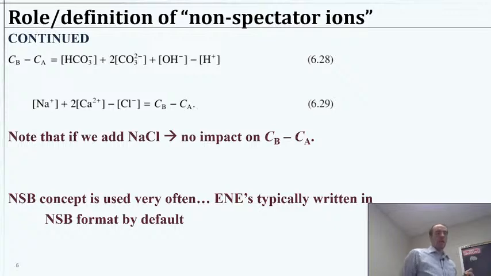Okay, and in fact, we have the electroneutrality equation, the cations equal to the anions. That's true, and that relates directly here, but it's so common to use this formulation, the spectator ions versus the non-spectator ions, that we often simply write it this way.